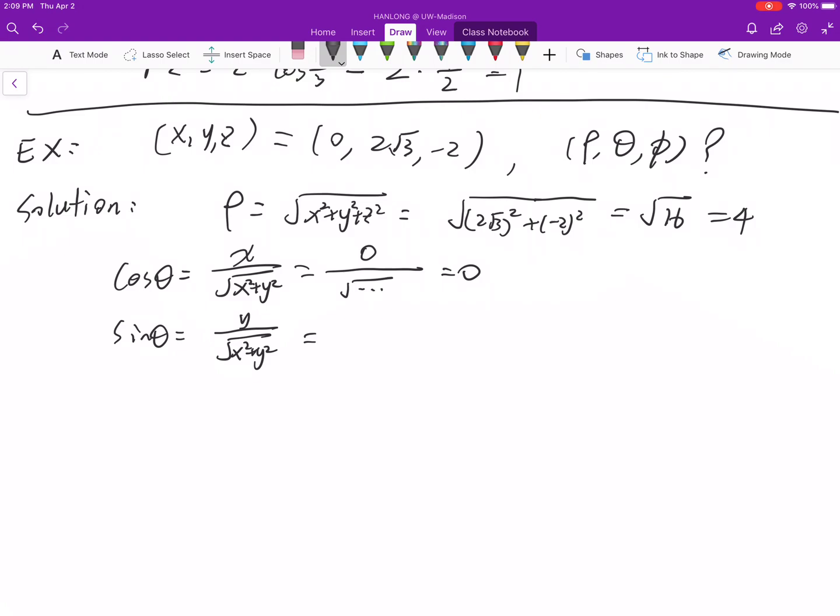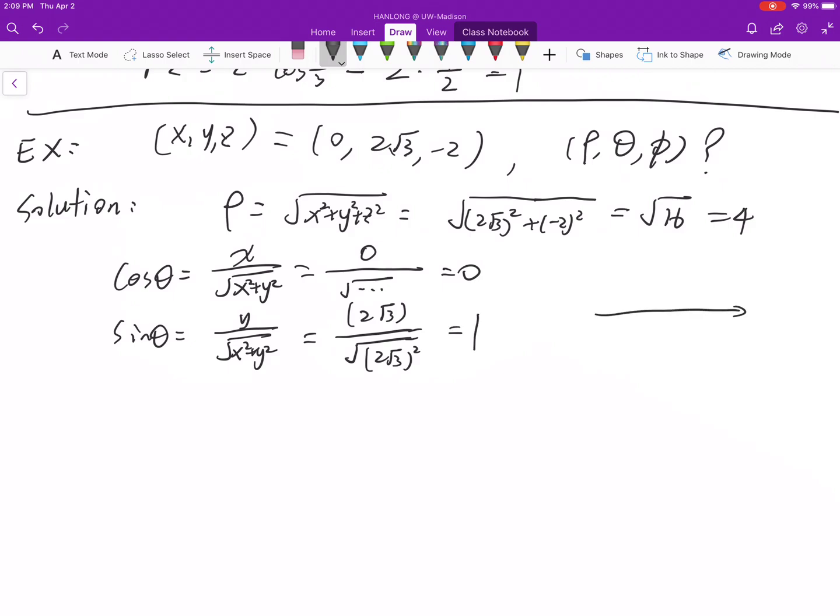And then y is 2 square root 3, divided by the square root of 2 square root 3 squared, so it's 1.